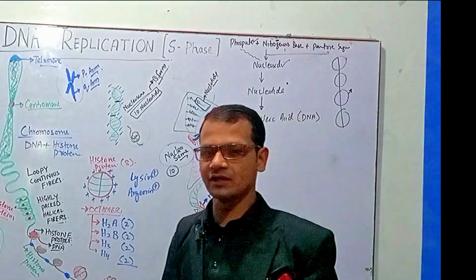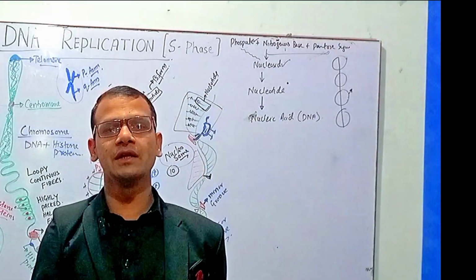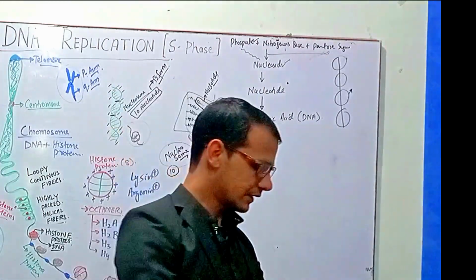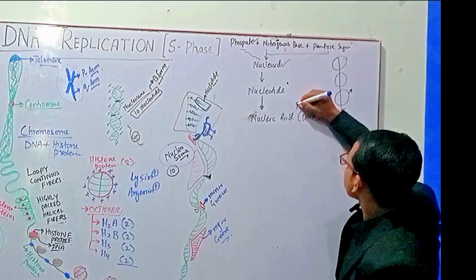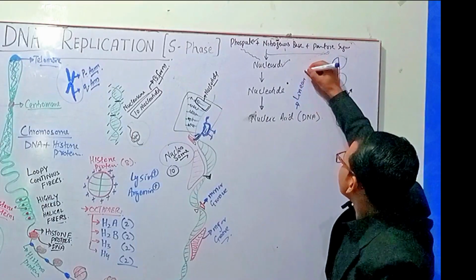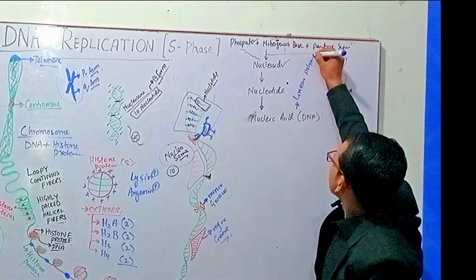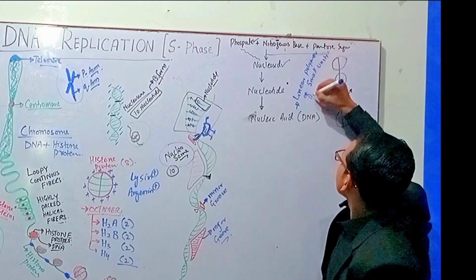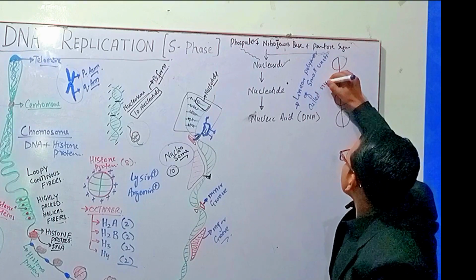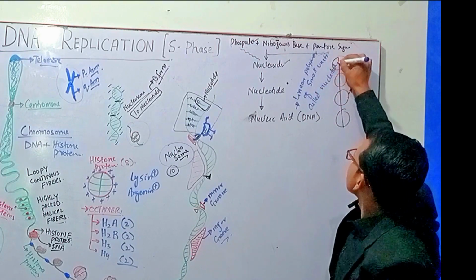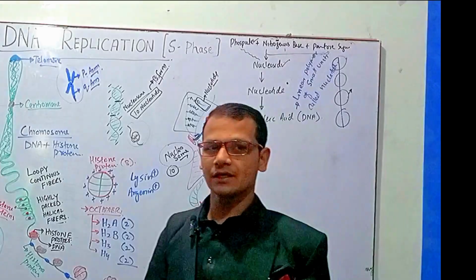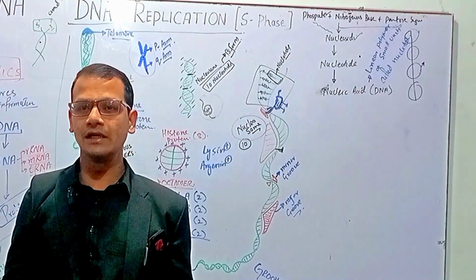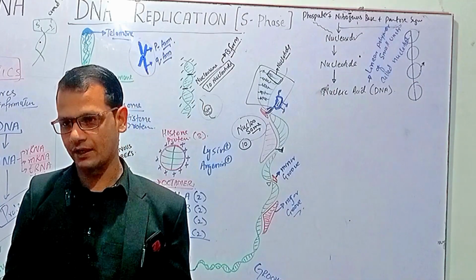Or simply we can define that the DNA is the linear polymer of small units called nucleotide. So now if we learn the structure of nucleotide, we will easily learn the structure of DNA, right?